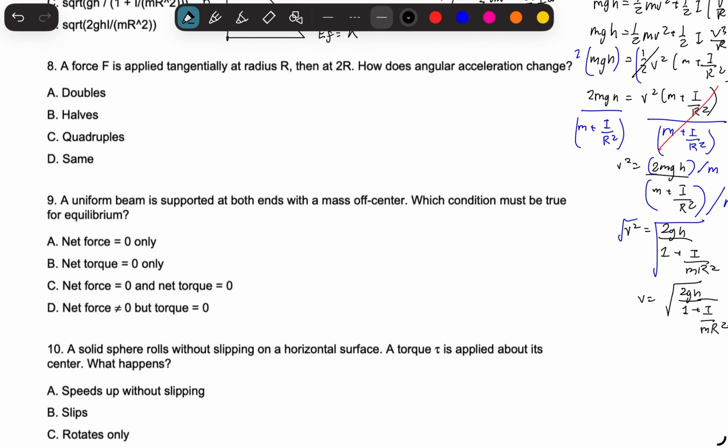A force F is applied tangentially at radius r, then at 2r. How does angular acceleration change? So it's going to double.